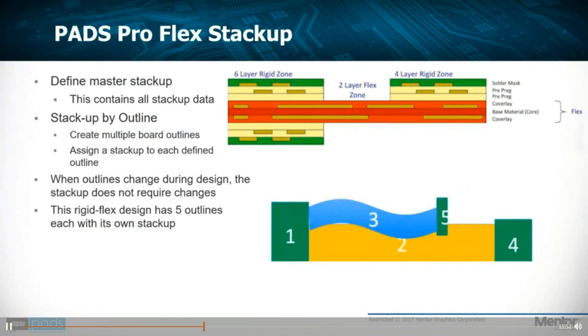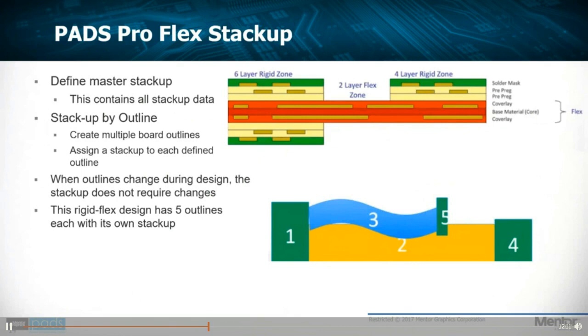So here's a little bit more information on what it takes to set up a Stackup in Pads Professional. How it works is we first begin by creating a master Stackup. That is going to include every usable Stackup layer in our design.